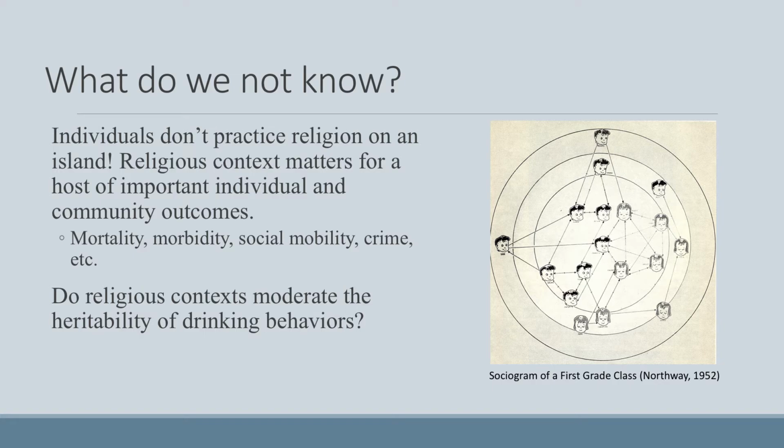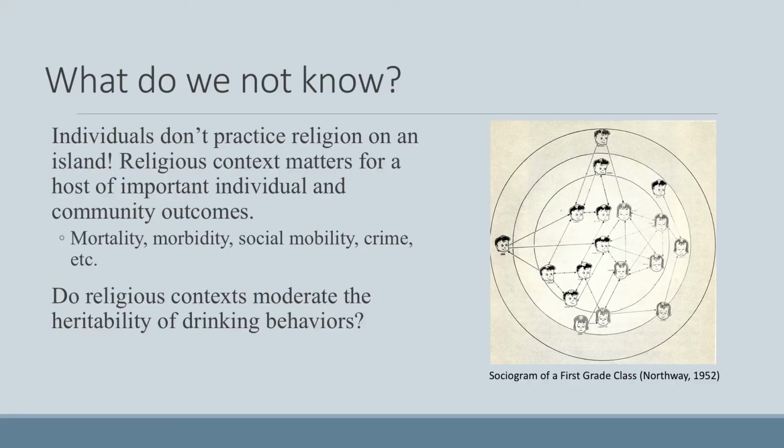Pretty much anything you throw at the board, religion appears to have some sort of influence over. So a natural question that follows from this line of research is, do religious contexts moderate the heritability of health behaviors, such as drinking? This little graph here is a sociogram from 1952 of children within a classroom.